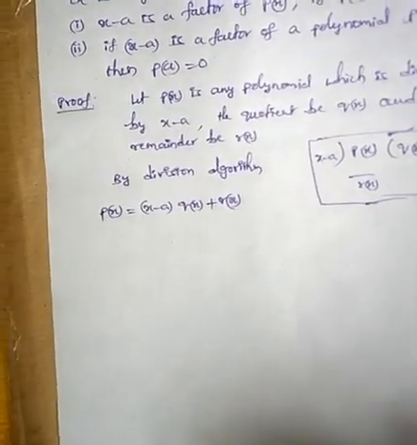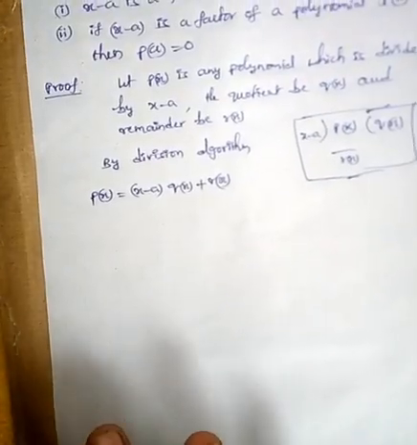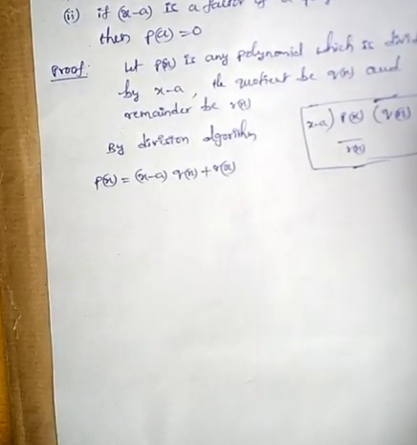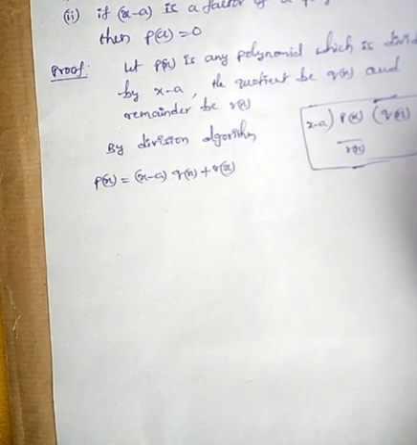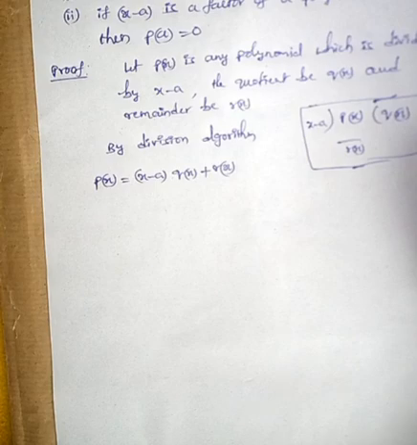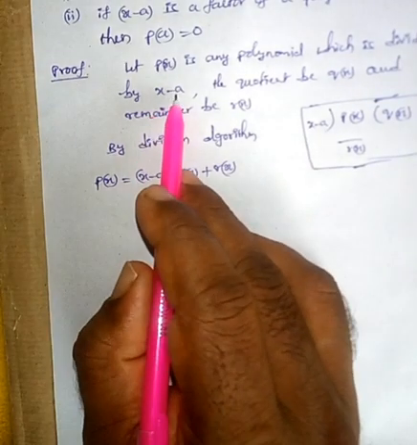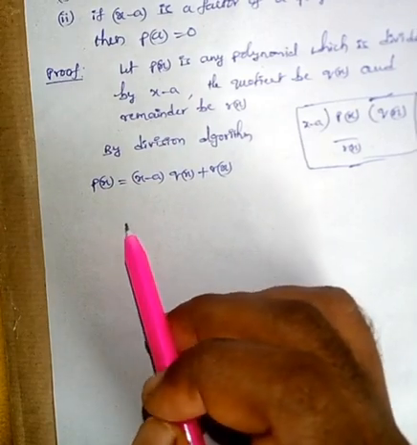Okay, children, you know that by using the remainder theorem we can get the remainder without doing the actual division. That is, if you substitute the zero value of the linear polynomial x minus a in p(x), you get the remainder.